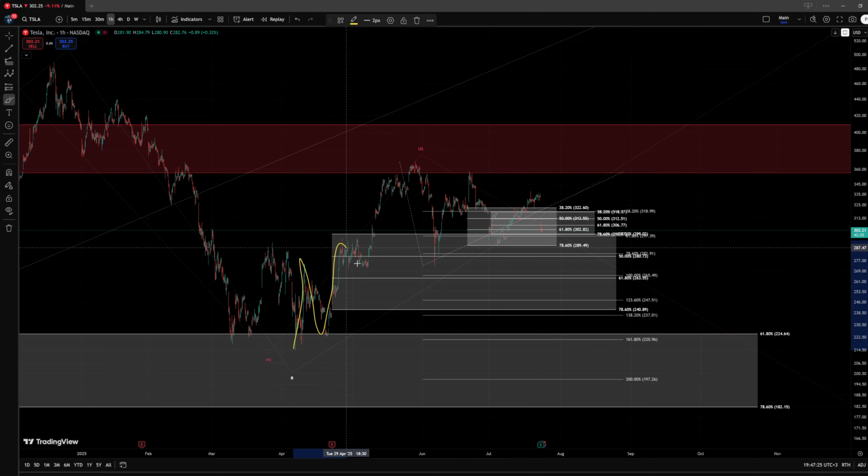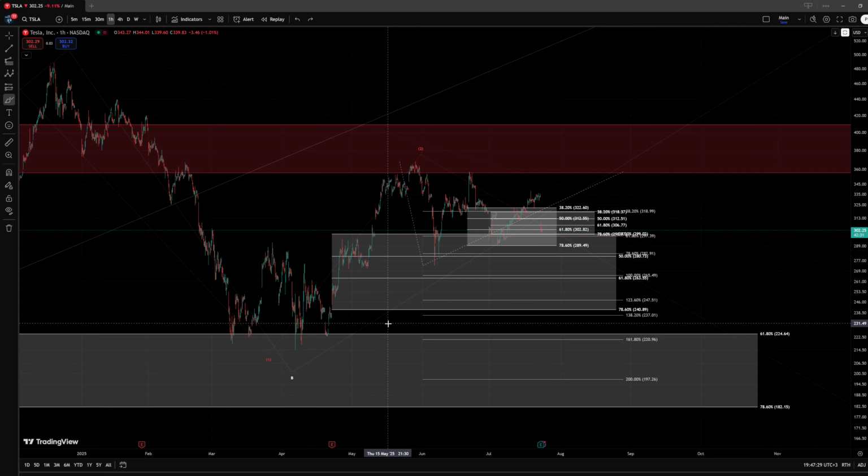Now, also one thing I want to mention, this is not the most impulsive looking 5-wave to the upside. It can be counted like a 5-wave, but overall the entire structure here is not the most reliable.